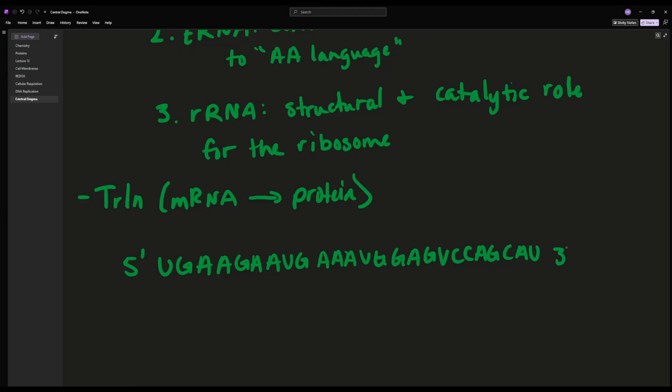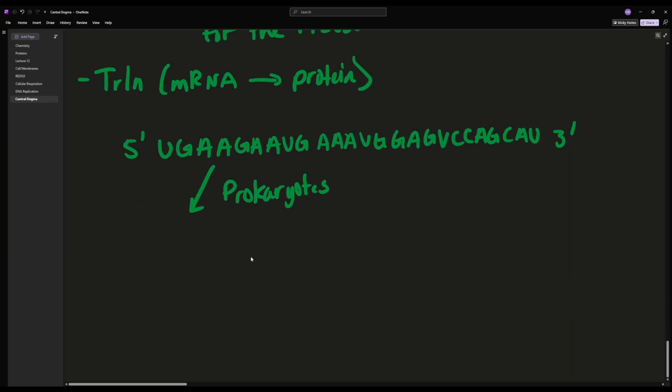I don't know. 3 prime. Okay. In prokaryotes that lack a nucleus, this is actually going to go straight to translation.